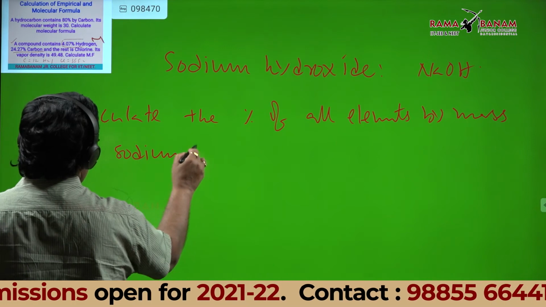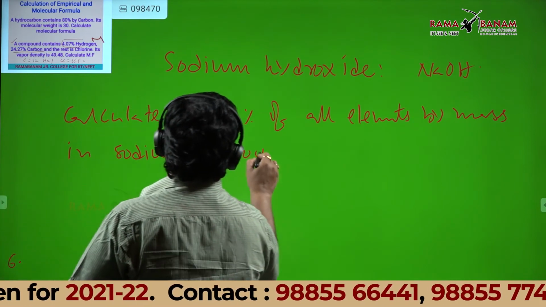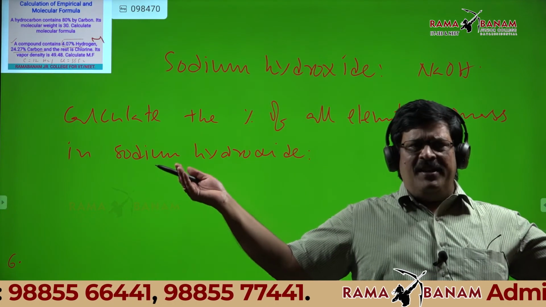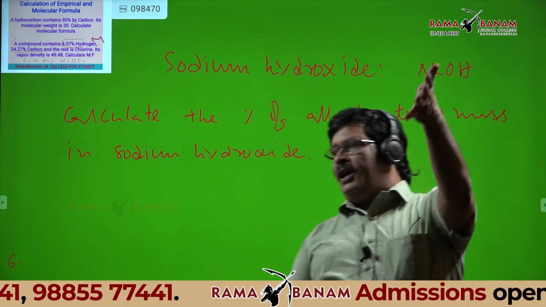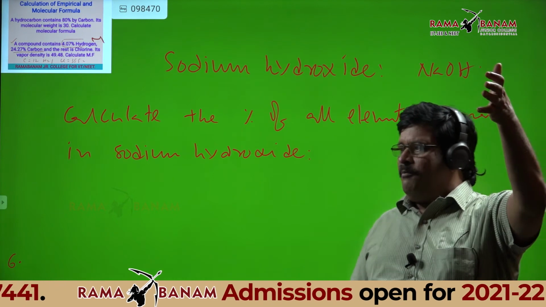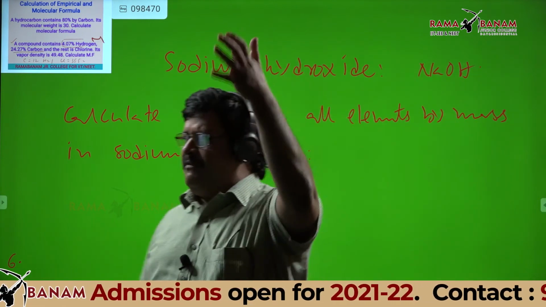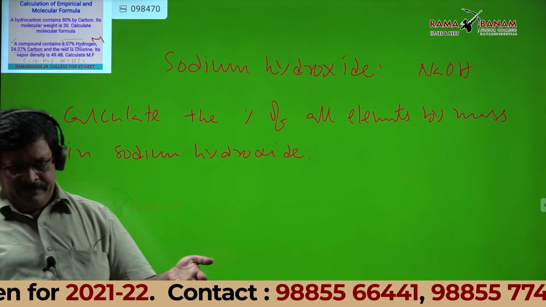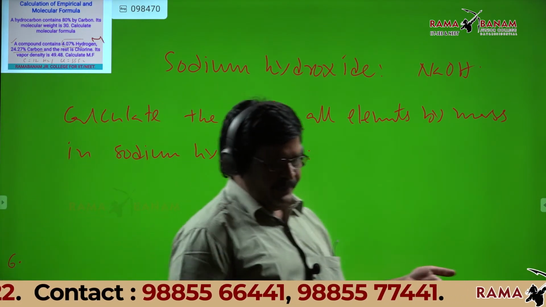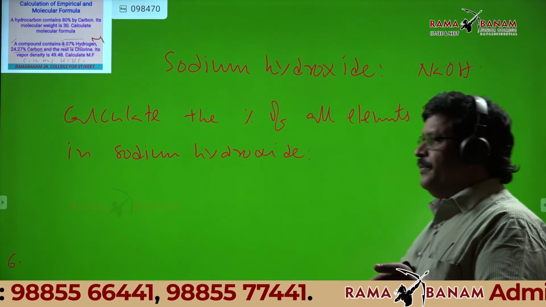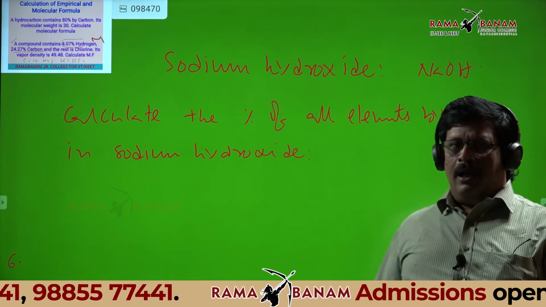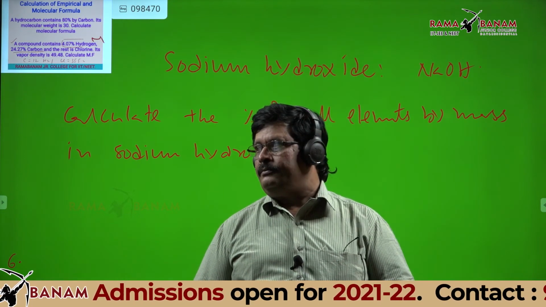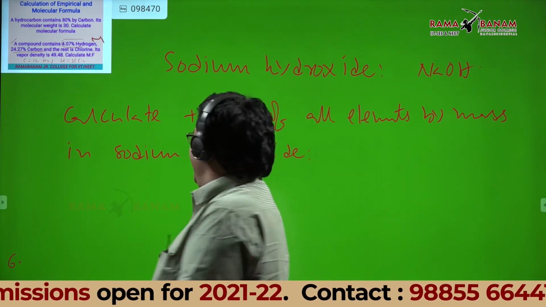That is the question. I gave simply the formula, the name of the compound, and I want the percentages of each and every element in that compound. Is it okay? Can you do that, or can I explain this? Sir, explain, sir.